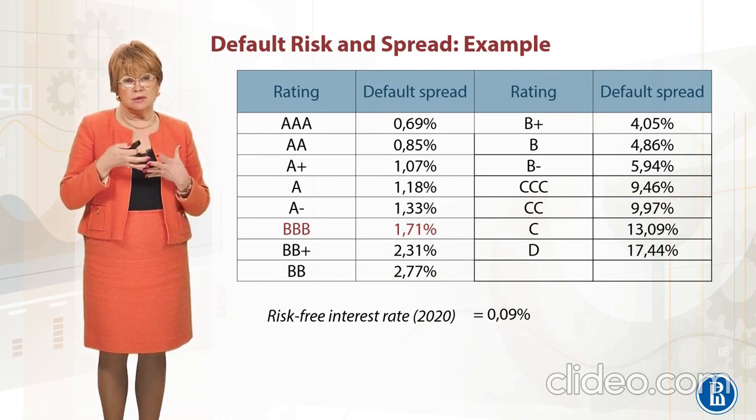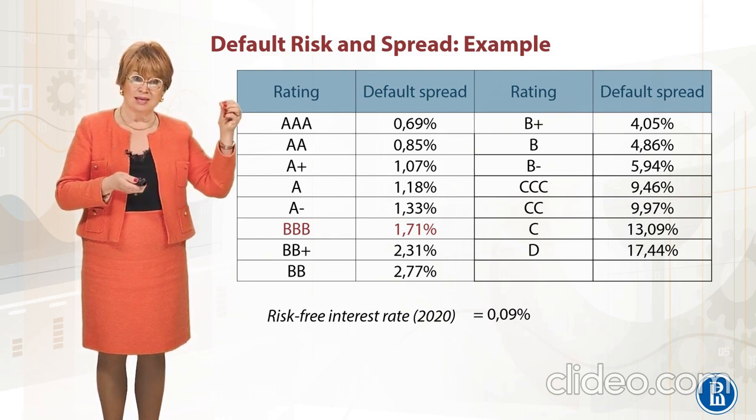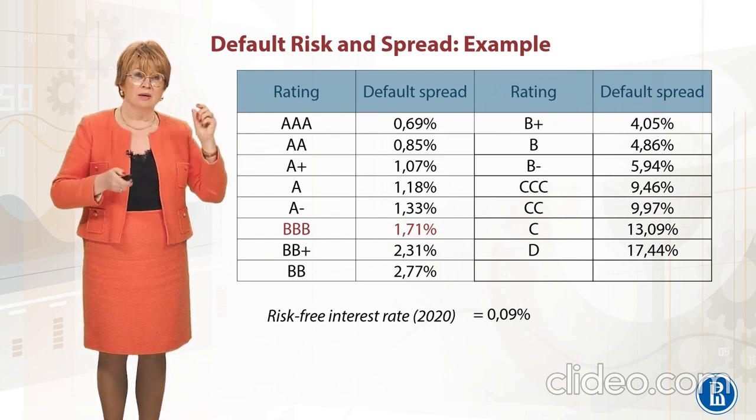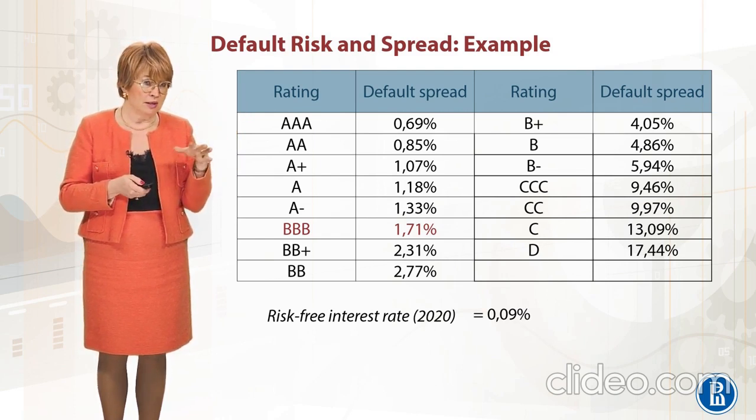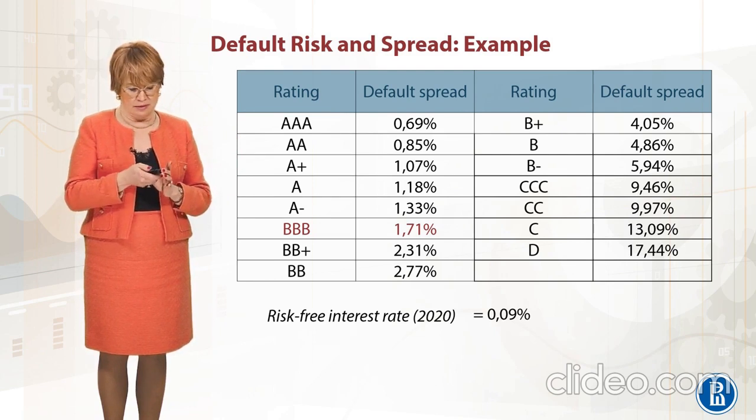You will add these two numbers and you will get the potential interest rate or potential yield to maturity, homemade for this particular situation, because the target company doesn't have corporate bonds outstanding, doesn't have an officially assigned credit rating.